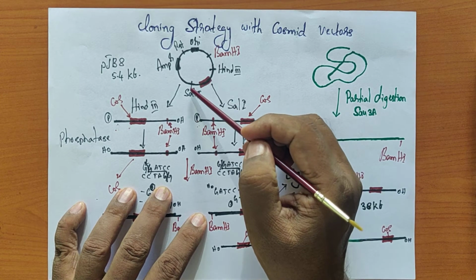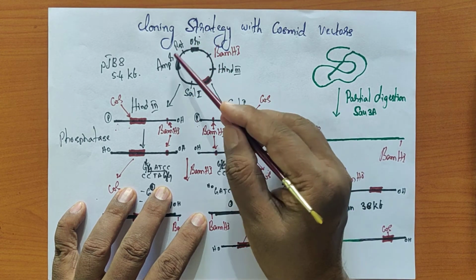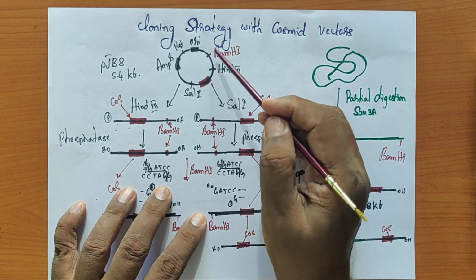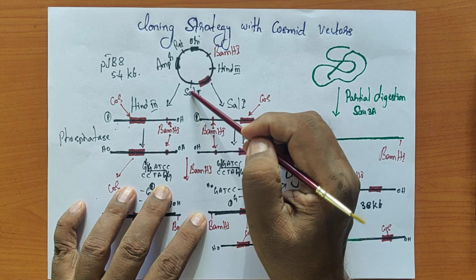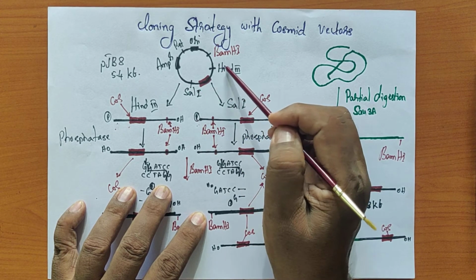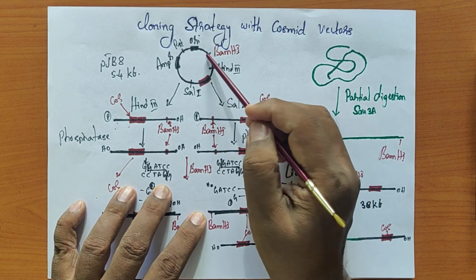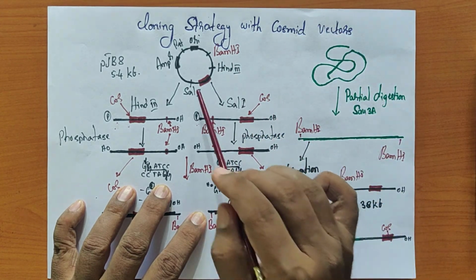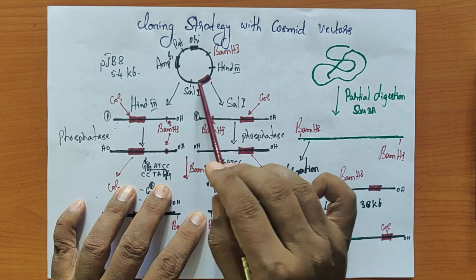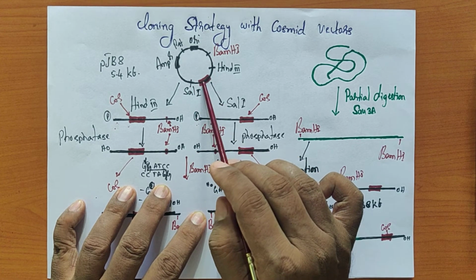We have unique restriction sites, but all of them are strategically placed. For example, on one side of the cos site we have SalI, on the other side HindIII, and then there is a unique BamH1.